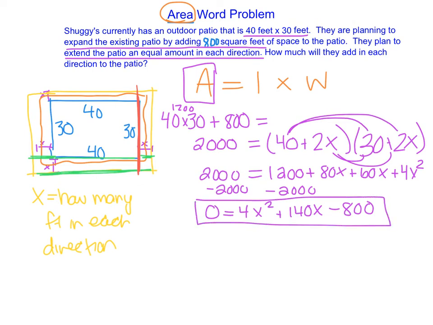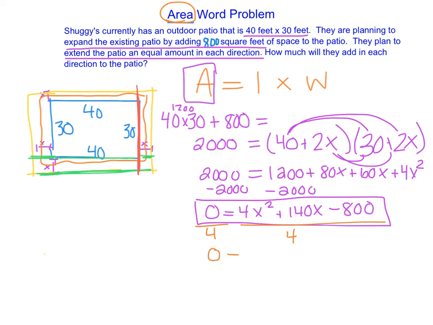Now, I don't know about you, but if I'm going to use one of my factoring strategies on this, what I'm noticing is that that equation has some pretty large numbers in it. But what I'm also noticing here is that all of these numbers are divisible by 4. So what we can do is divide every single value in here by 4 to make this equation a little bit easier to work with.